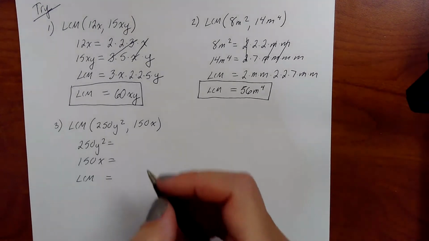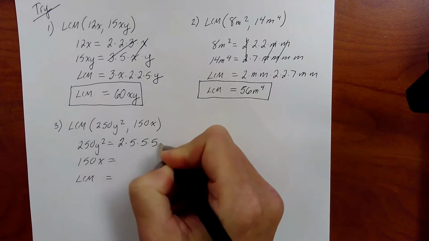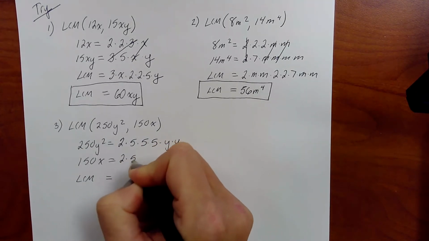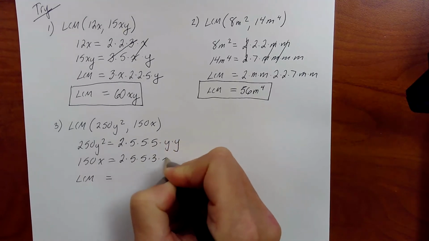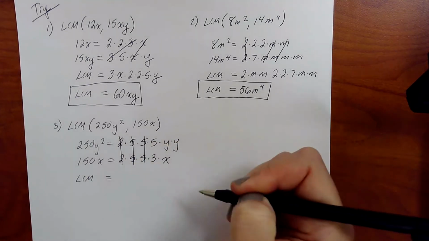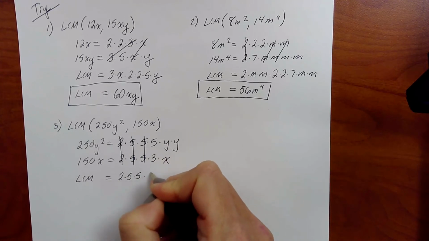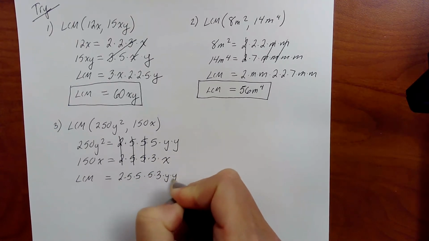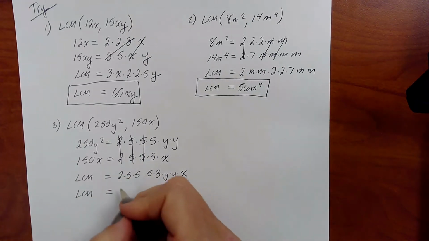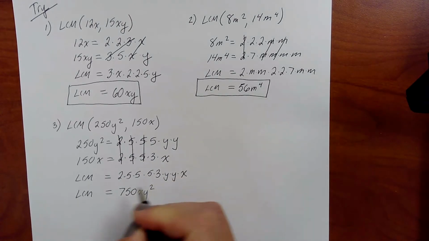All right, 250 is 2, 5, 5, 5, y, y. 150 is 2, 5, 5, and a 3. And we've got an x. So boom, boom, boom. That's it. So 2, 5, 5, the 5, the 3, the y, the x. Oh boy, I'm thinking that's 750xy squared.